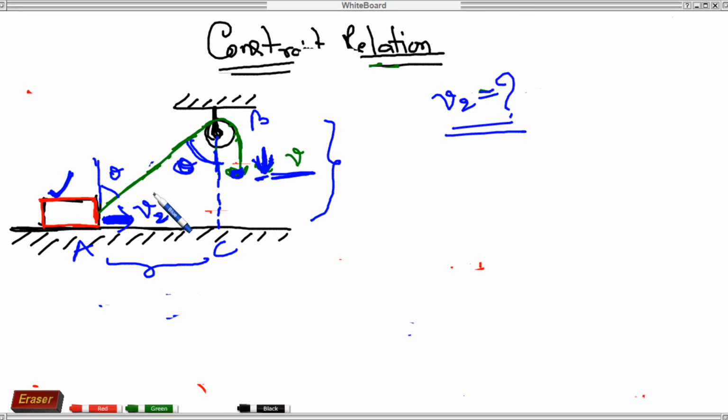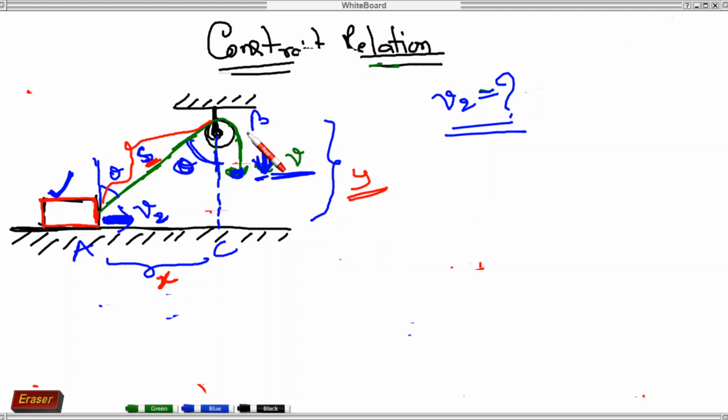Suppose this length is s, the length of the string, this particular section from here to here. Suppose this one is x and this one is y.